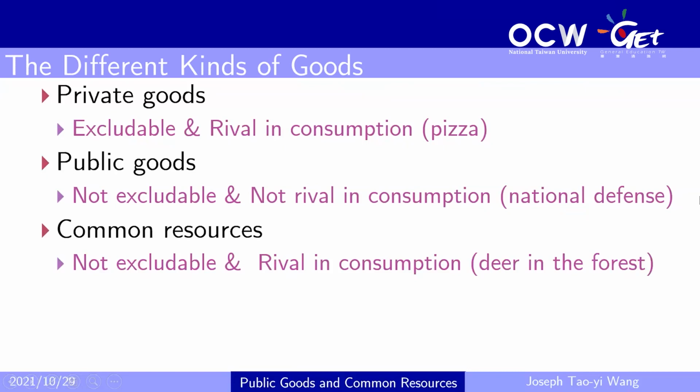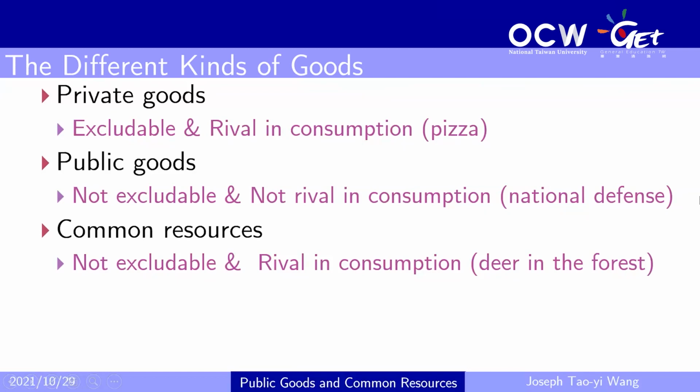Then there's the other, so that only is one but not the other. So there's common resources that's not excludable, but rival in consumption. For example, a forest with deer in it is a common resource because we cannot exclude people from consuming this.